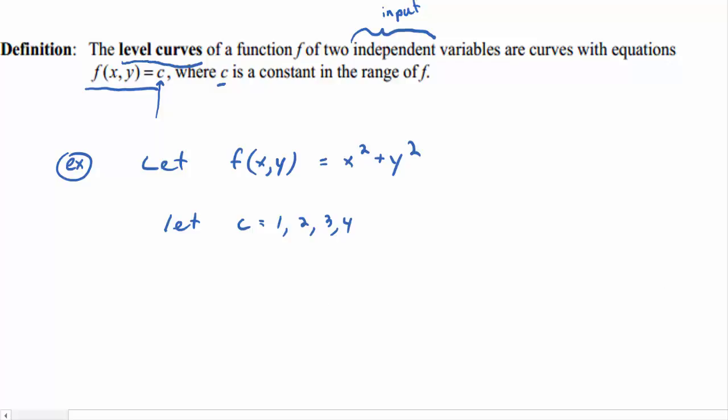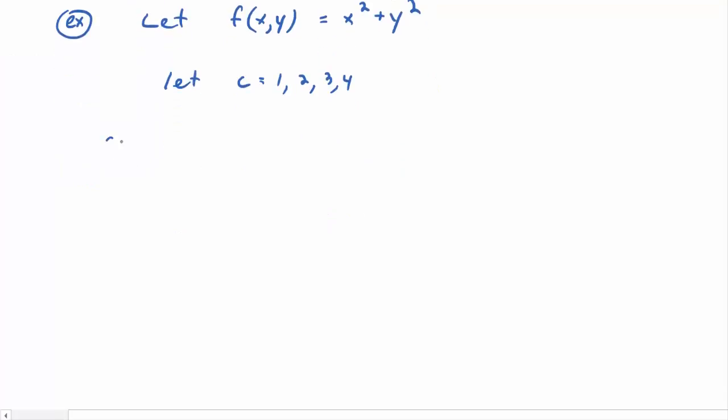So for c equals 1, the idea is to set f of x, y equal to 1. I'm going to turn it around and write x squared plus y squared equals the c value, which is 1.